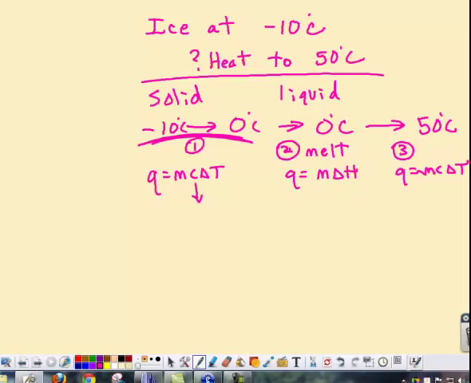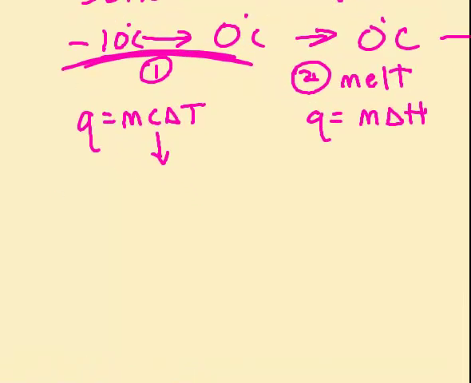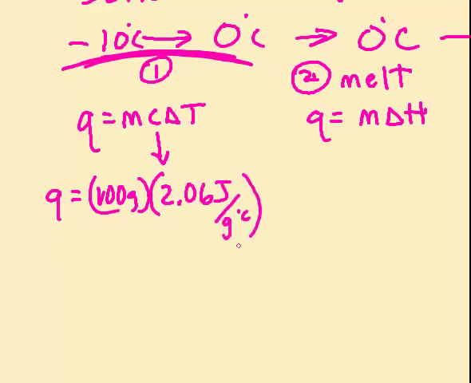All right, so I didn't give you a mass. Let's just say it's 100 grams. So Q is equal to 100 grams times the specific heat of ice. The specific heat of ice you would have to look up in a chart, but it is 2.06 joules per gram degree C. So you can see it's actually less energy to change the temperature of ice than it is to change the temperature of liquid water.